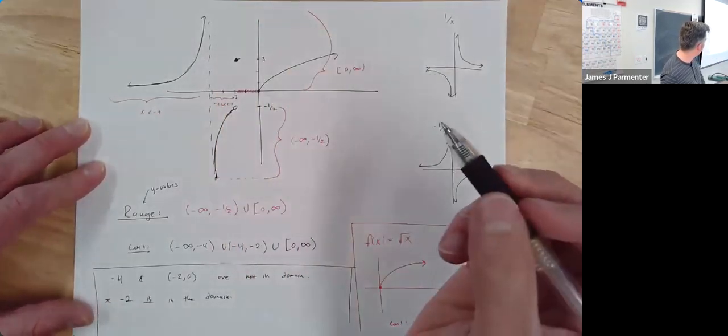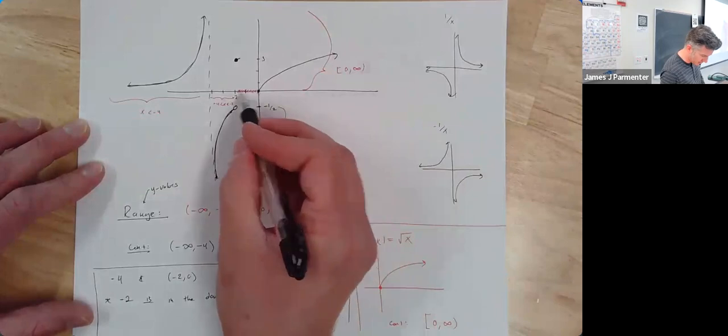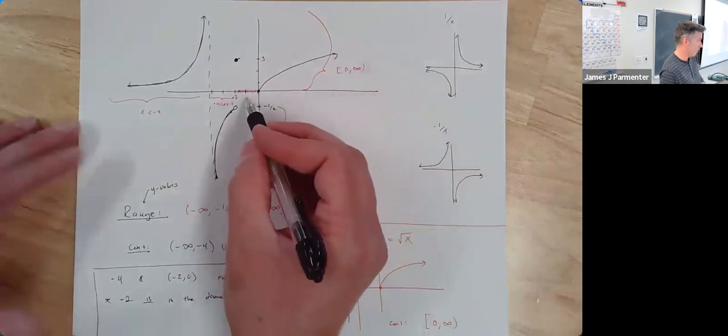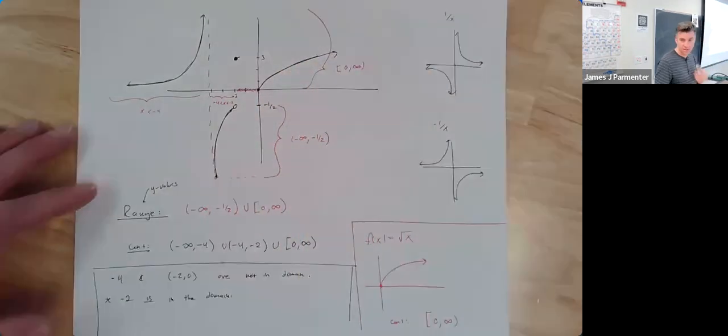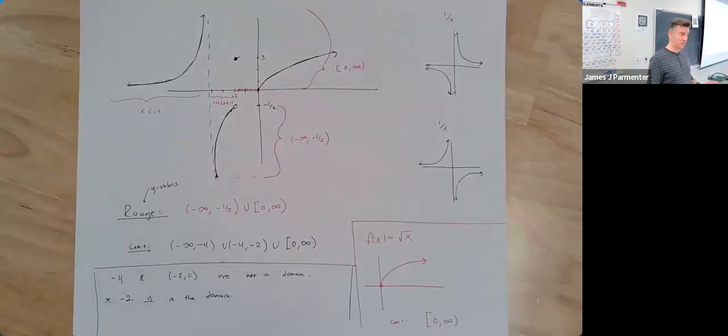Lifting my pen off the paper again, going all the way over to 0. So it's totally discontinuous between there and there because I didn't draw anything. And then from here onwards, continuous again. So hopefully that helps a little bit with the difference between continuous and domain. Domain is just wherever the function is defined. Continuous is wherever we can draw it without lifting our pencil off the paper, as a layperson way of saying it.